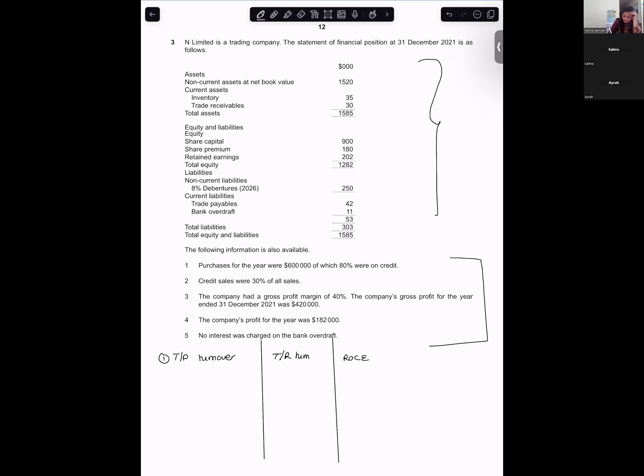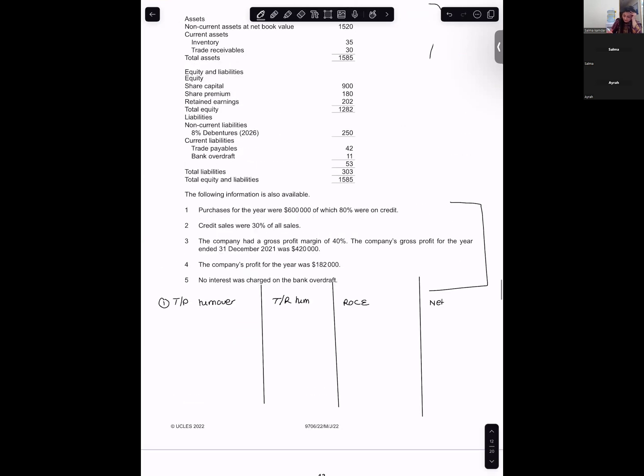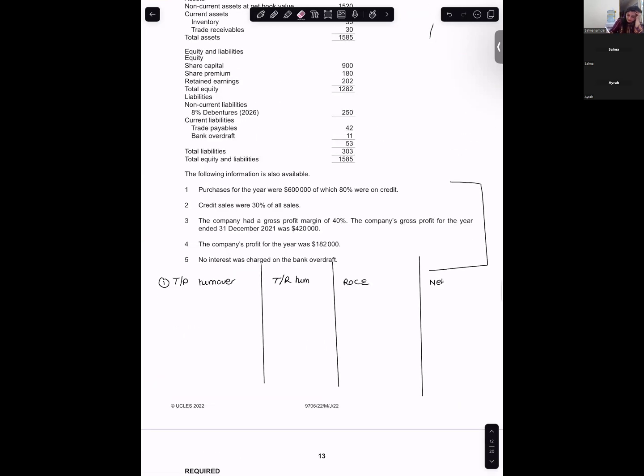And next, net revenue or net book value of non-current asset. We are asked to calculate the non-current asset turnover ratio.